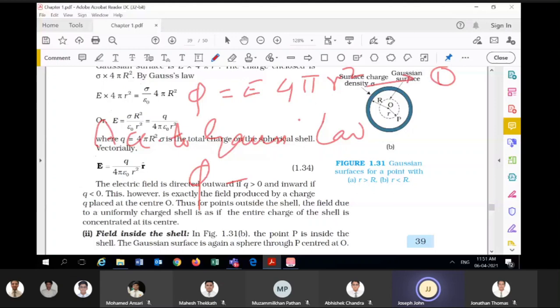flux same as before, okay? Flux is equal to Q by epsilon naught. Question number 2. Same equation will come, okay? Same equation will come. Can you understand, all of you, gentlemen? Yes, sir.